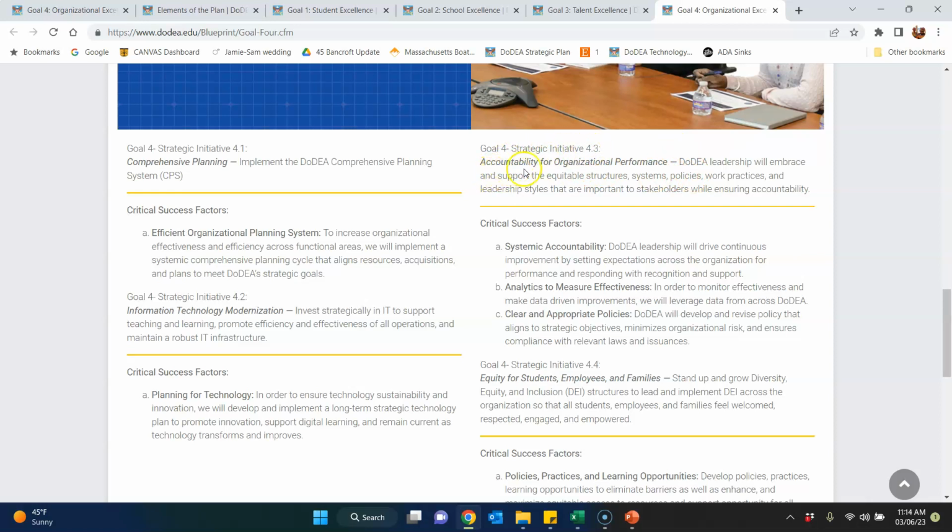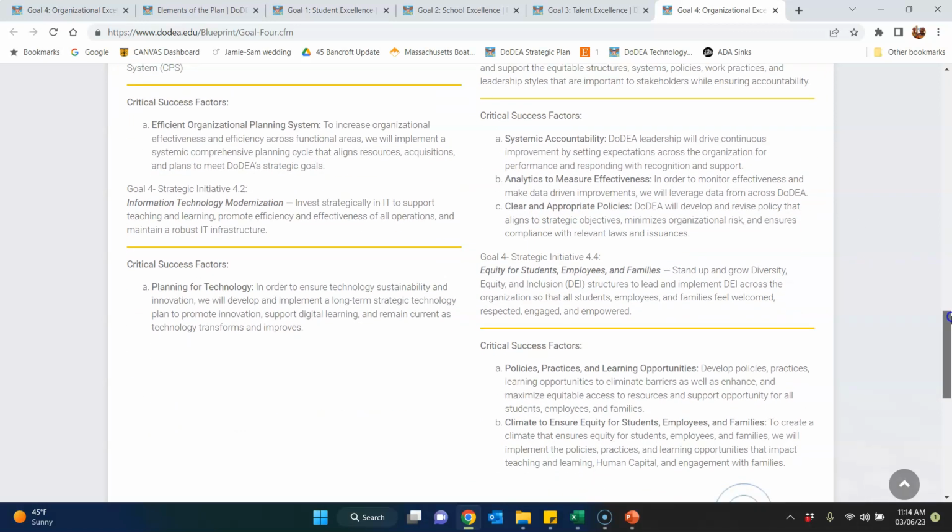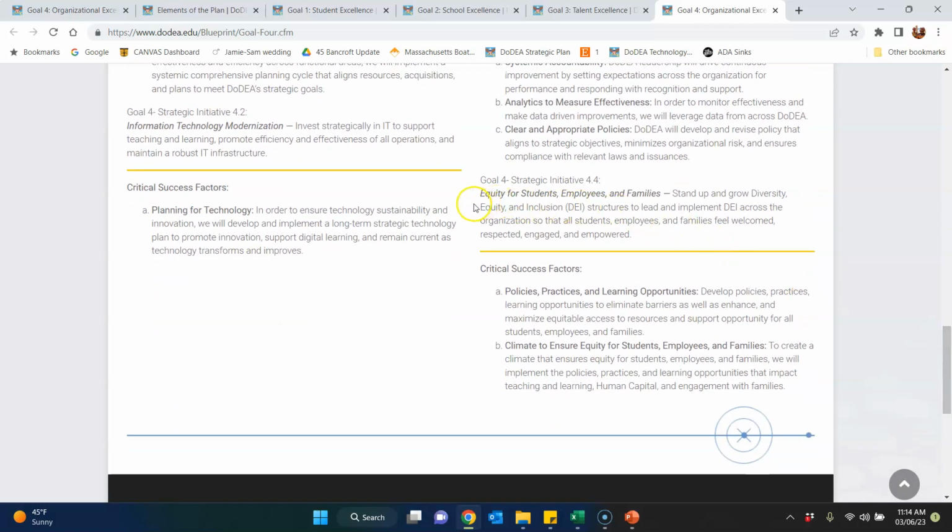Initiative 4.3, accountability for operational performance. Success factors are system accountability, analytics to measure effectiveness, and clear and appropriate policies. And then strategic initiative 4.4 is, again, equity for students, employees, and families.